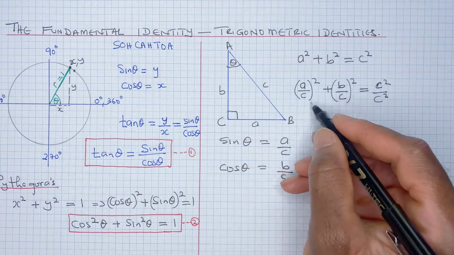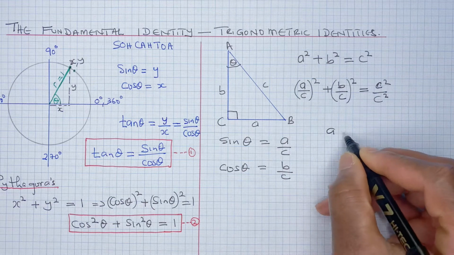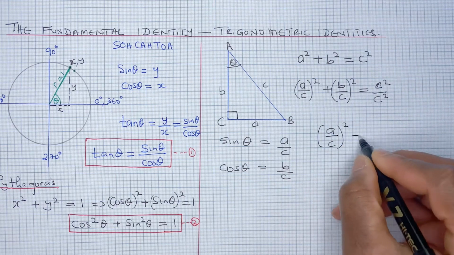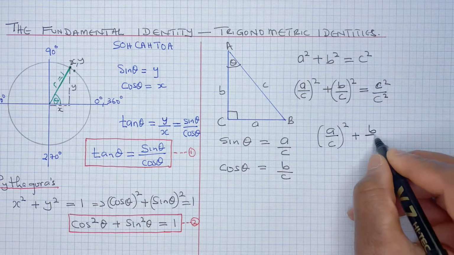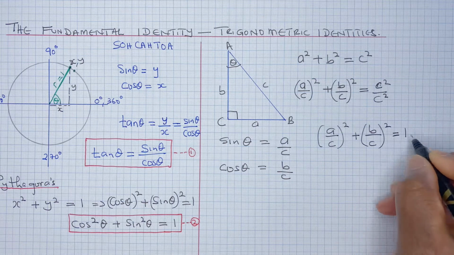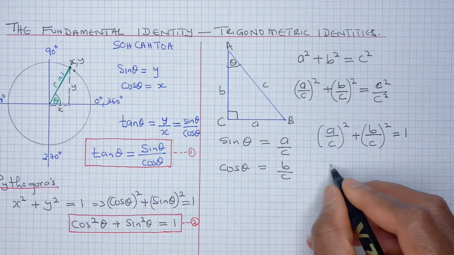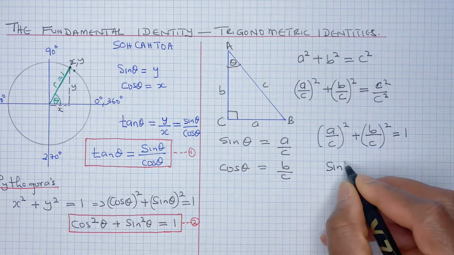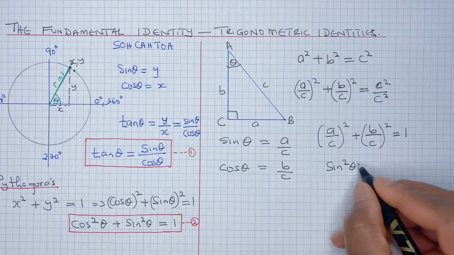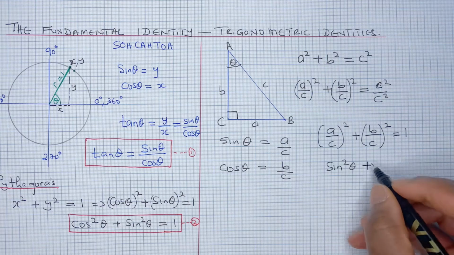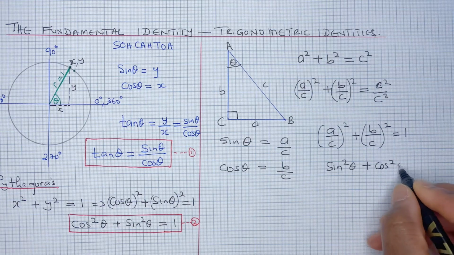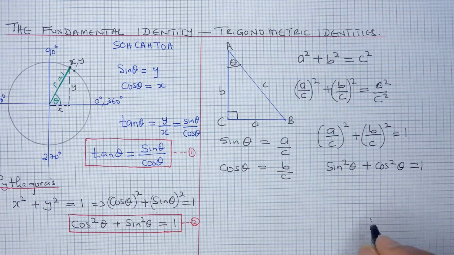So if I place those, a over c all squared plus b over c all squared equals 1. So that will become sine squared theta plus cos squared theta equals 1.